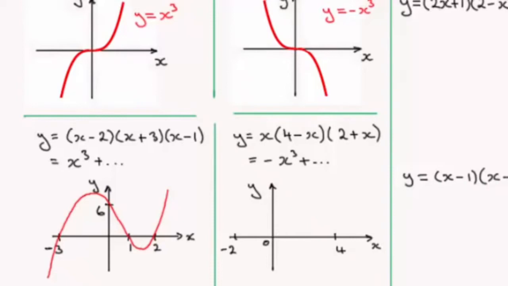So it's a curve then, remember, that starts to descend when we go to the far left. So it's going to come down then through the minus 2, bottom off somewhere between minus 2 and 0, not the midpoint necessarily at all, up through the origin, peaks now somewhere between 0 and 4, roughly around the middle, comes back down through the 4 and then carries on like that.